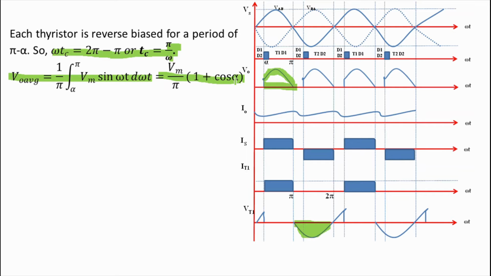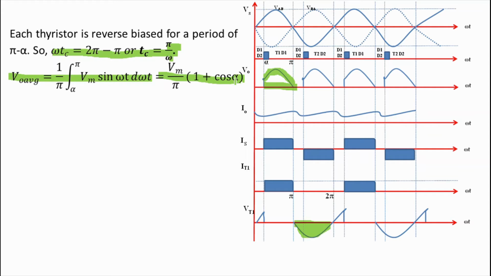But in the fully controlled rectifier, if we remember, V0 average was negative for alpha greater than 90 degrees. That's why the fully controlled converter has both positive and negative voltages, so it has two quadrant operation while the semi-controlled converter has one quadrant operation only.